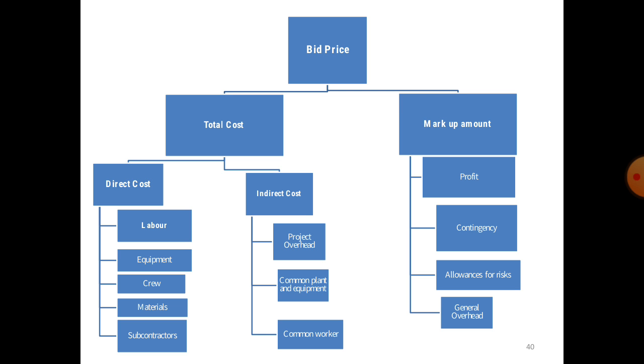All these costs are included in the direct cost, and in the indirect cost we include the project overhead, common plant and equipment, and common workers, etc. In the markup amount we include the profit, contingency, allowance for risk and general overhead charges.